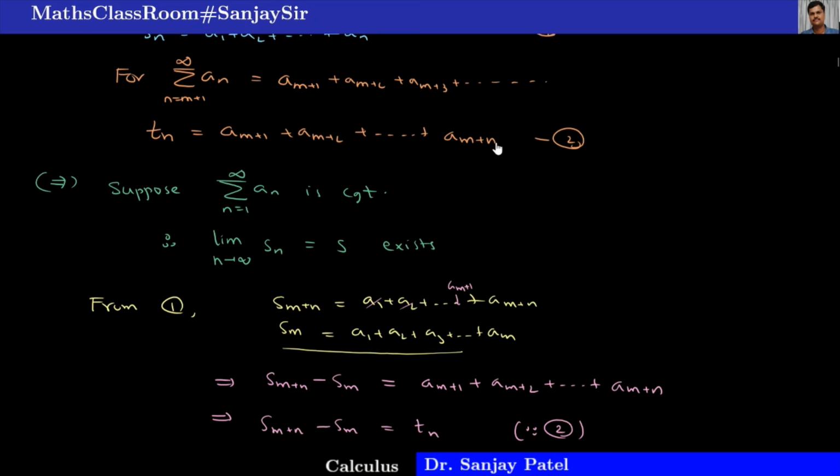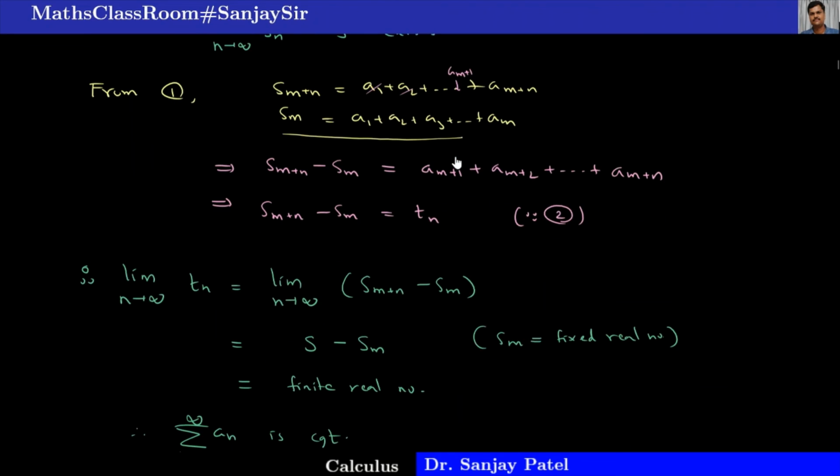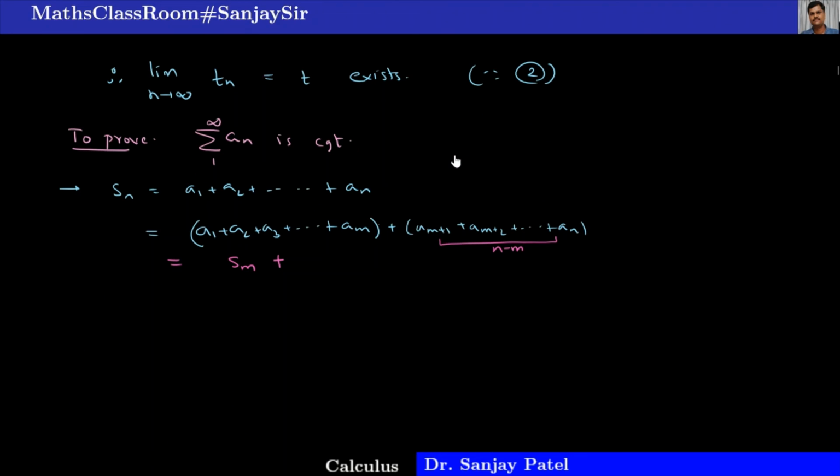Since m is fixed, if I put n equal to n minus m, then this gives me am plus 1, am plus 2 up to an. So let me write this way. This is nothing but Tn minus m, because Tn is am plus 1 plus am plus 2 up to am plus n.